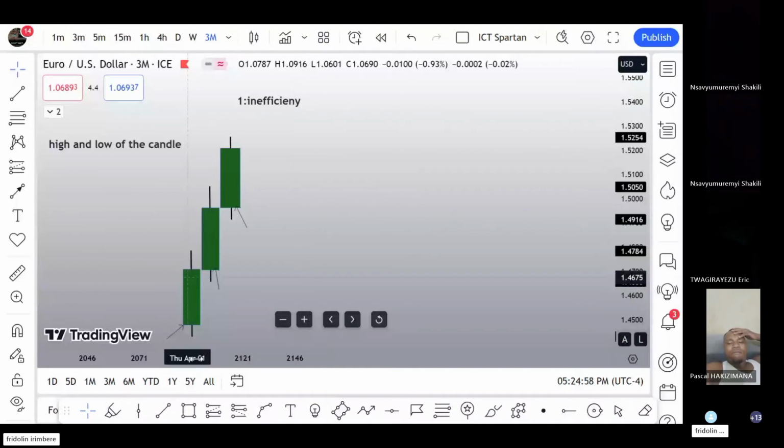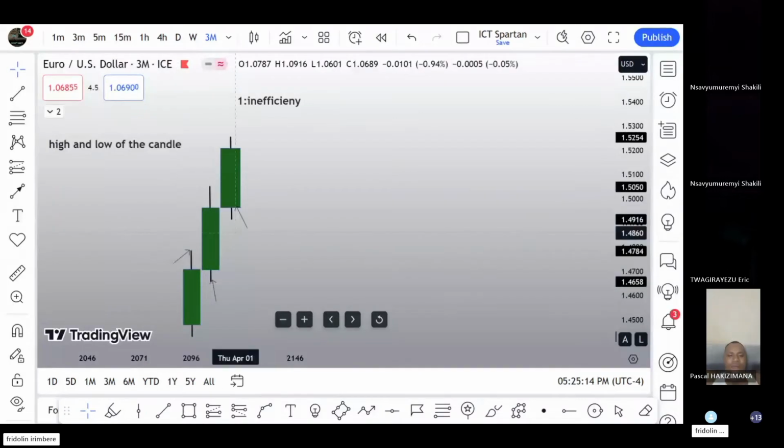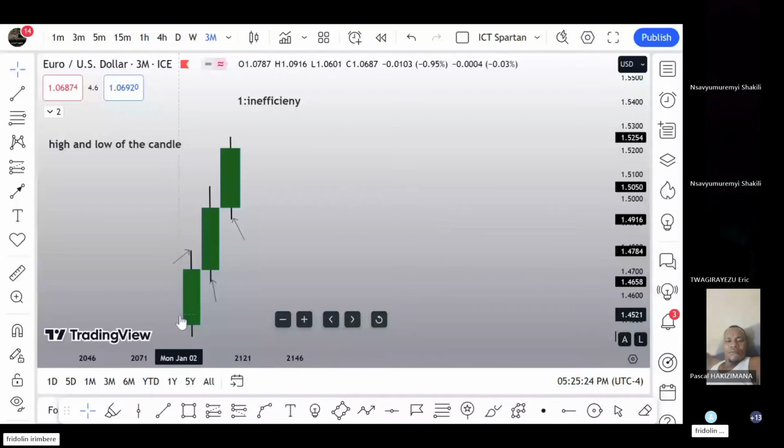You see the high is this, here we have the low, here we have the high, here we have the low. See, bivuze ko every candle need to be traded through.